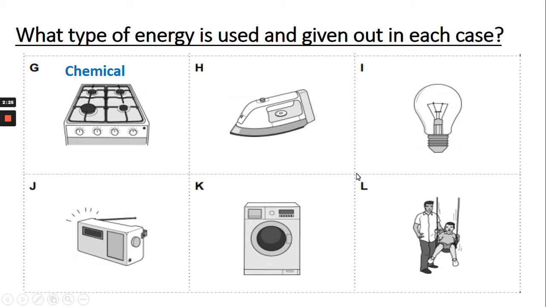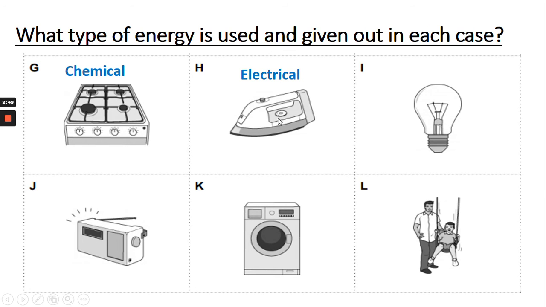Okay, so hopefully you finished answering the questions, and right now I'm going to go through the answers. If you didn't write the answers, make sure you write them down on your question sheet. For a cooker, this uses fuel, which is gas, and therefore it is chemical energy.